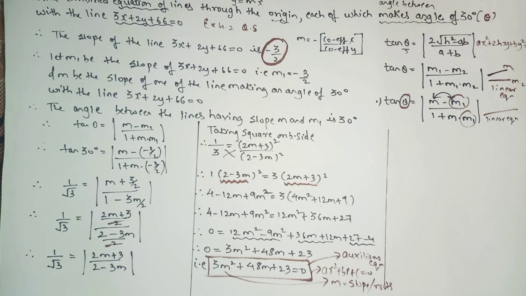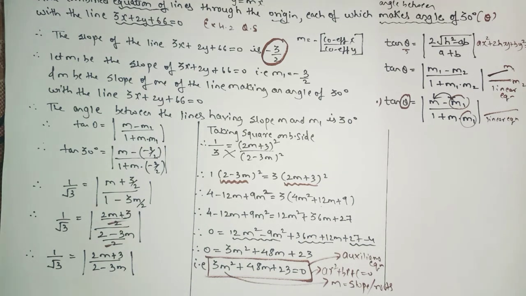So remember this, here m is a variable which is known as slope, or else we can say it is the roots.